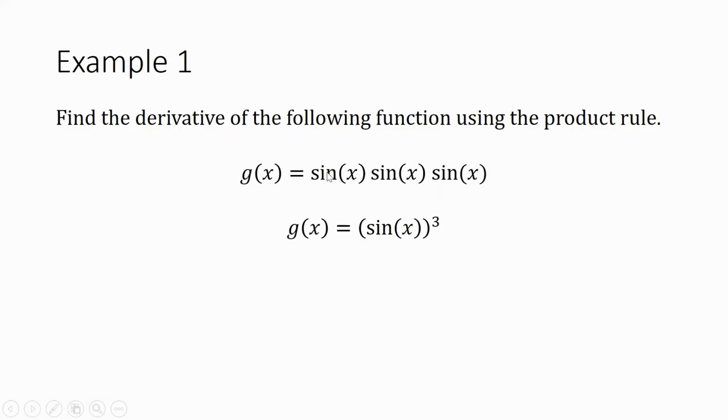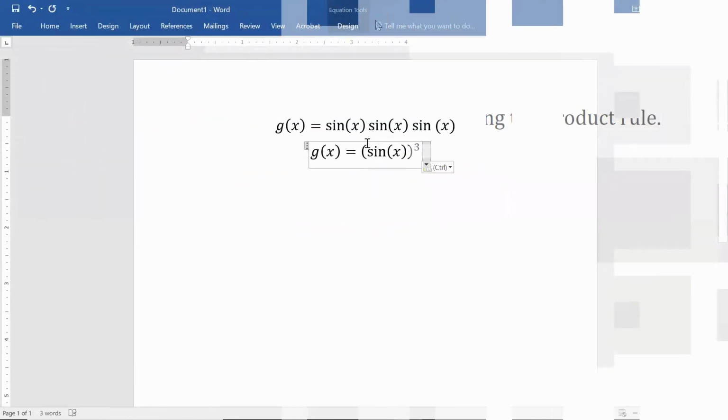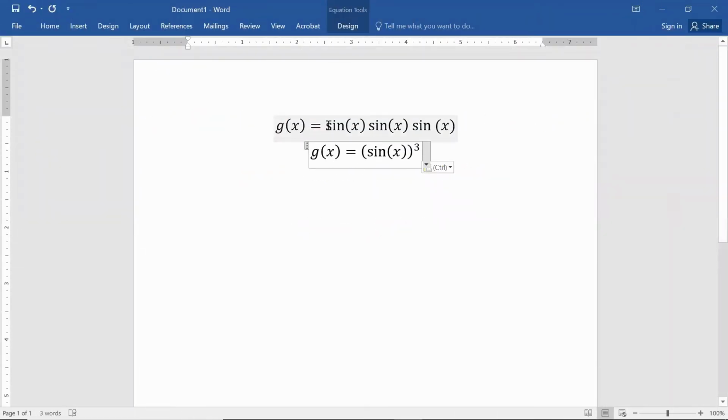Now, we also found the derivative of sine times sine, but let's see what will happen if we have g(x) equal to sine to the third. We're going to find the derivative using the product rule here. So I'm going to look at g(x) as sine times sine times sine.